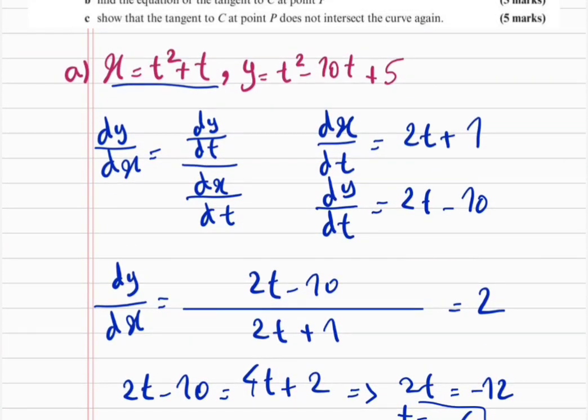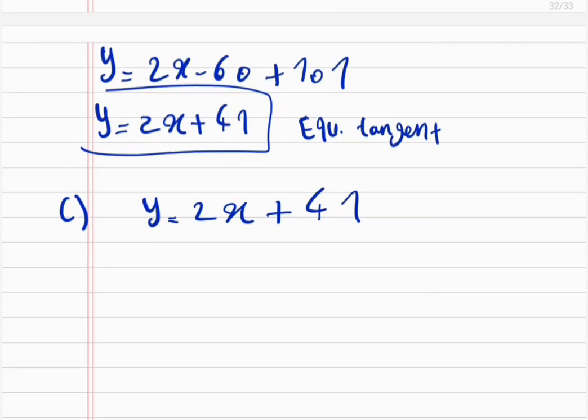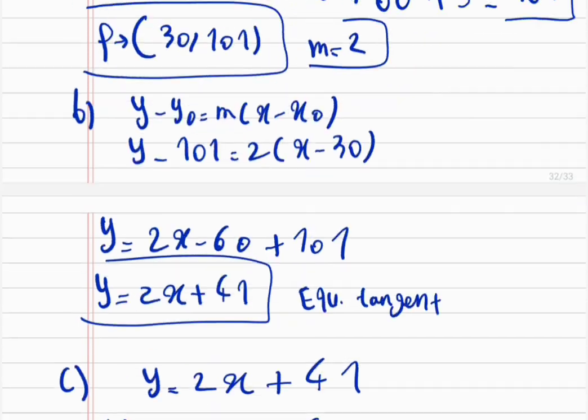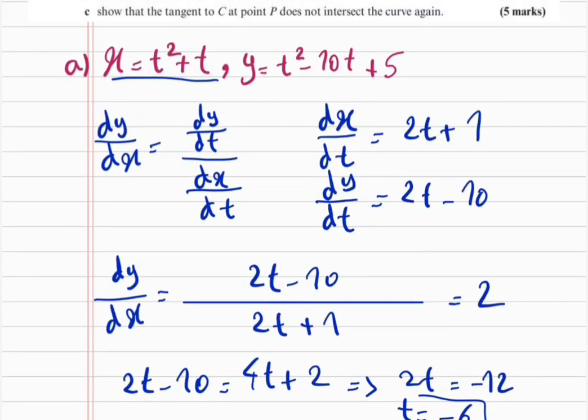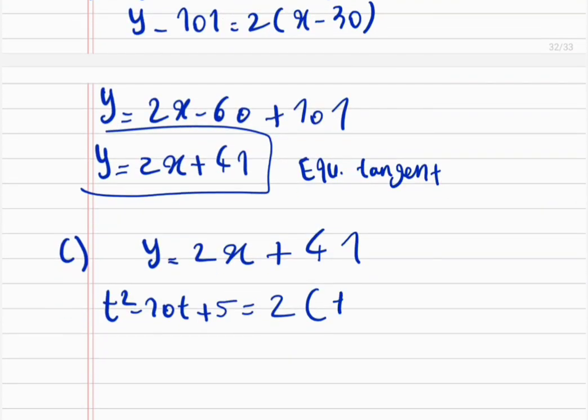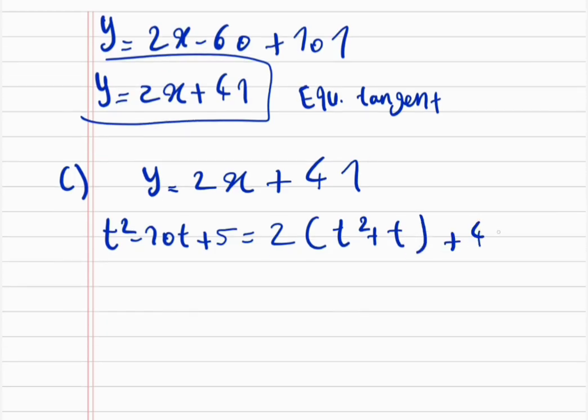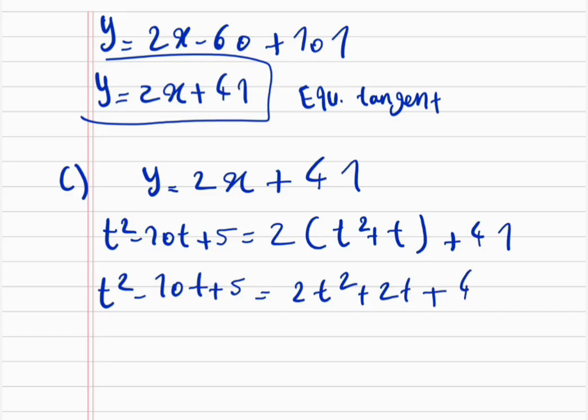And in this case, y is equal to t squared minus 10t plus 5. And then x, the function x, is equal to t squared plus t. So 2 times that, 2 times t squared plus t. And finally plus 41. So now we can do t squared minus 10t plus 5 is equal to 2t squared plus 2t plus 41.